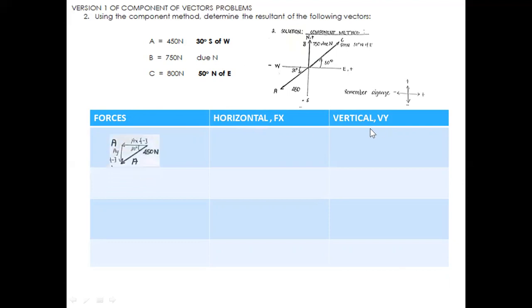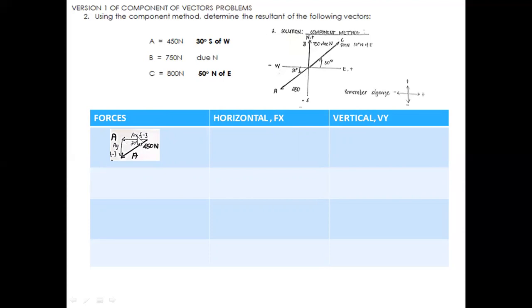Now let's proceed. For vector A, if we're going to bisect this graph and illustrate in detail the forces or vectors for letter A, it has a horizontal force pointing towards left or west and a vertical force that is southwards.